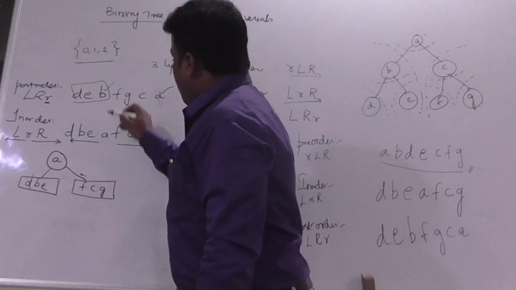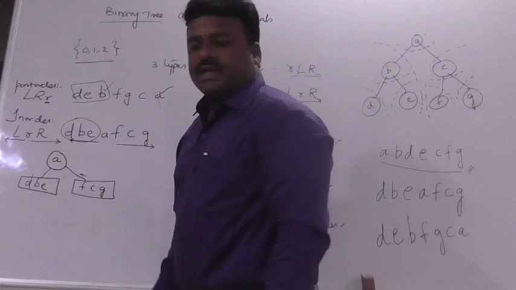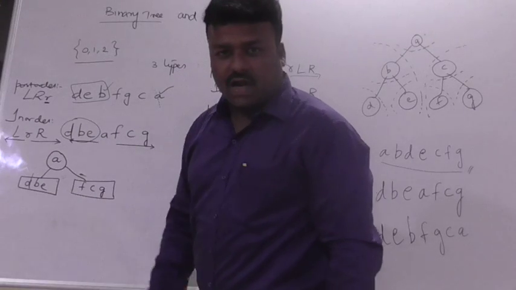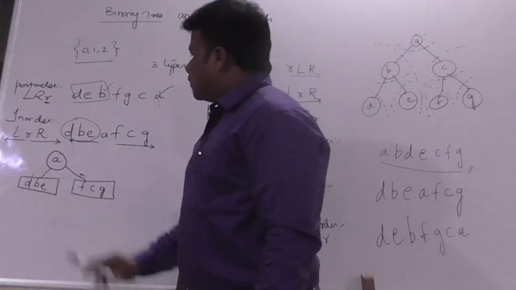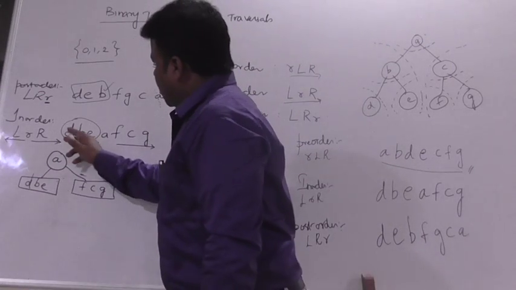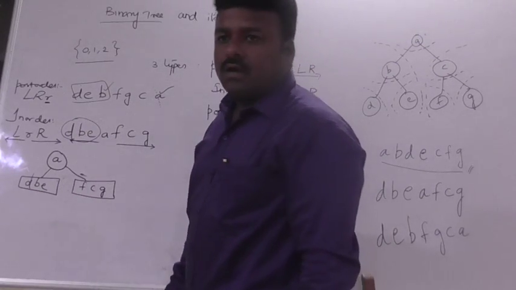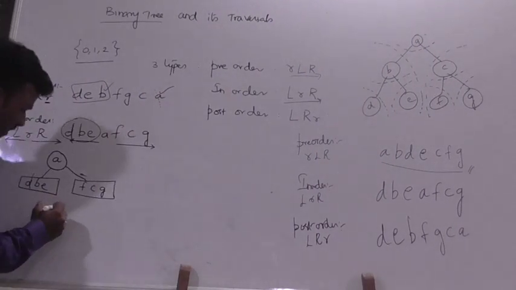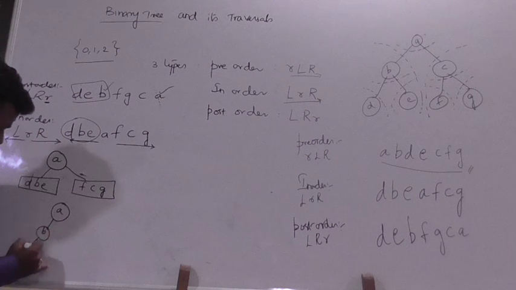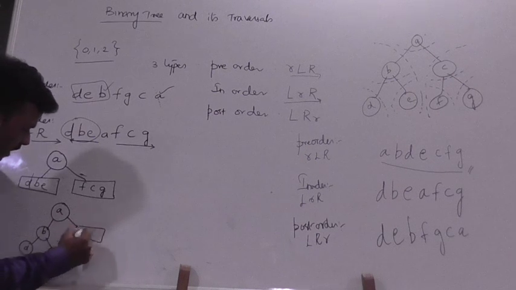And now comparing the elements D, B, E in in-order, B is the root node, the element left to that B is called the left child node and the element right to that root node is called the right child node. Simply we can say that D is the left child of B and E is the right child of B. The same diagram can be transformed as this is B, this is D and this is E, and again F, C, G.